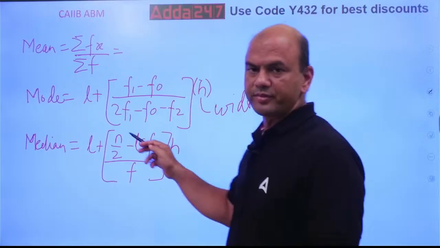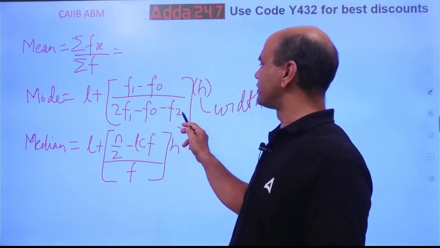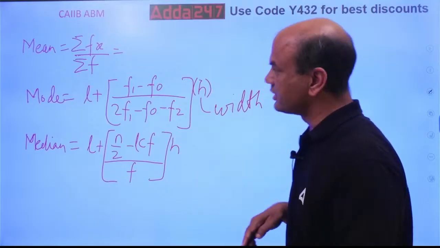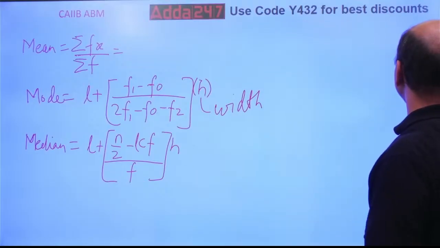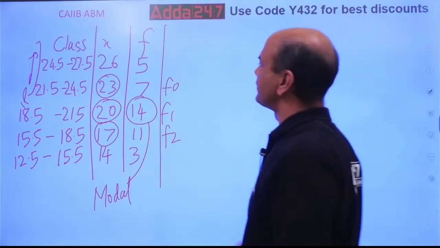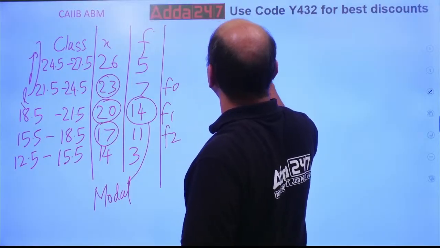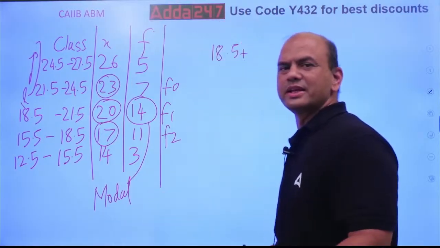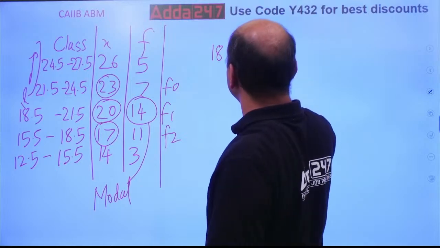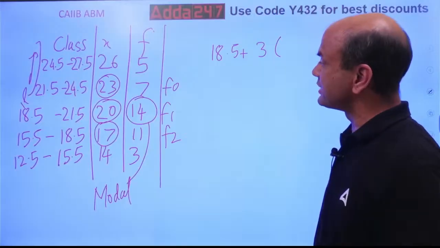Use this formula: L plus F1 minus F0 upon 2F1 minus F0 minus F2 into H. Okay, let's write it. So what is L now? L is 18.5, plus, now first write H only. What is H? 3 is the width, right? 3 into F1 minus F0.